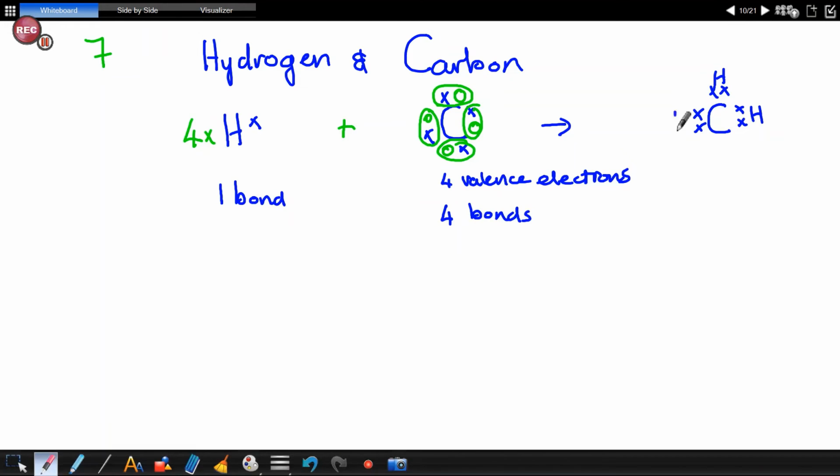And we are busy with molecules or compounds that are formed by a sharing of electrons between non-metal atoms. So these represent covalent bonds. Listen carefully. It's carbon tetrahydride.